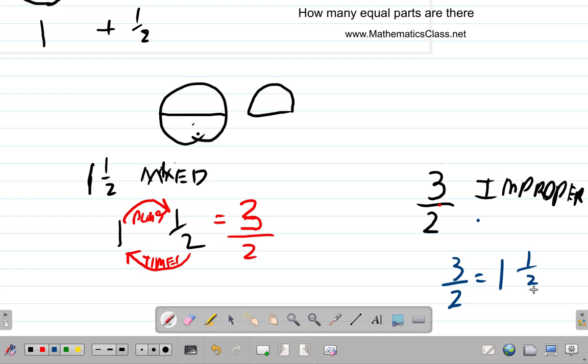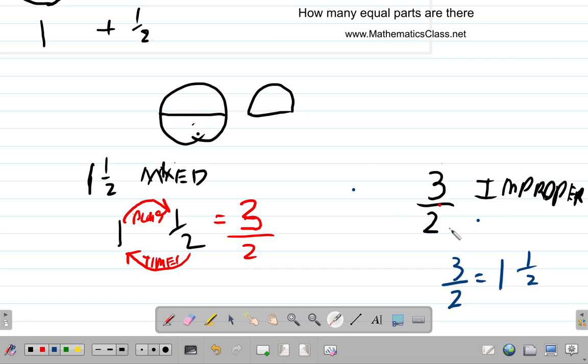So you see, 1 and a half is the same as 3/2. 1/2, 2/2, 3/2.